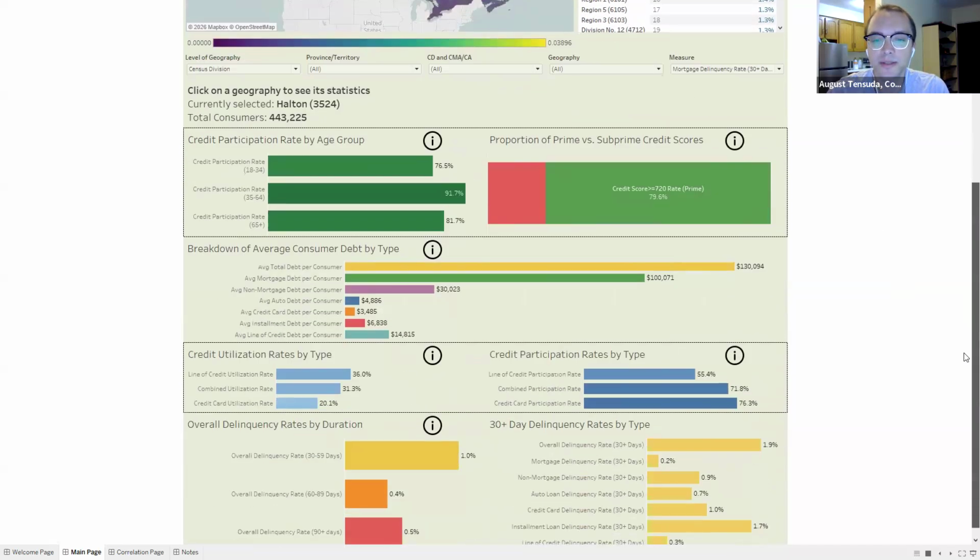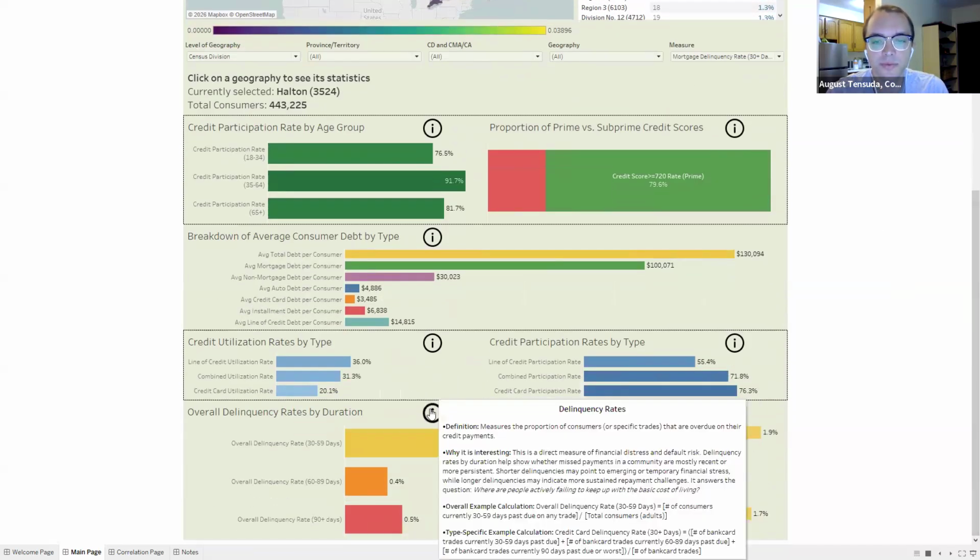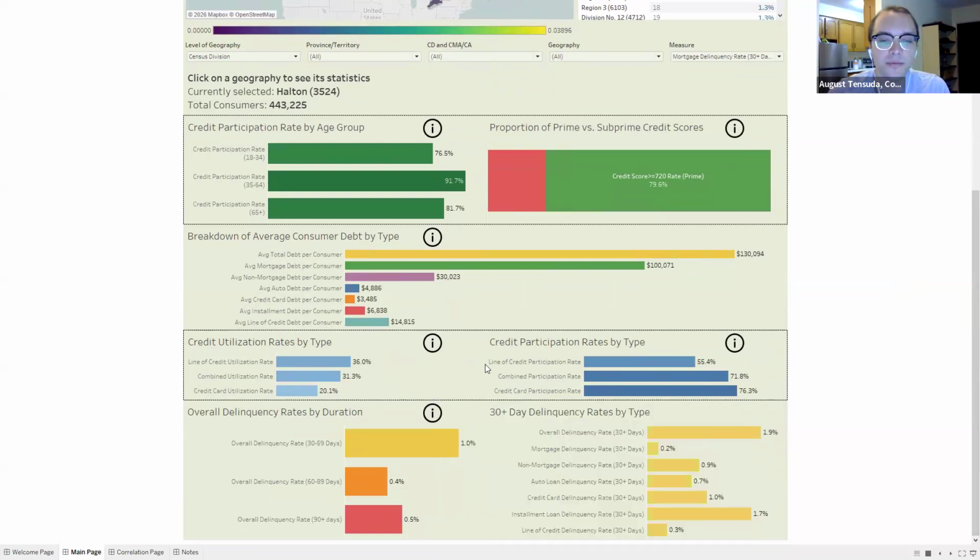We scroll back down to the delinquency rates. So if we read this definition here, it measures the proportion of consumers that are overdue on their credit payments. It answers the question, where are people actively failing to keep up with the basic cost of living? So overall delinquency rates, if these are high relative to other places, that's bad. And if they're low, that's good.